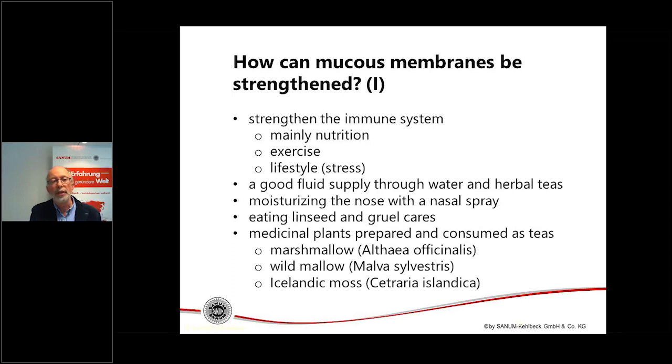First of all, a good fluid supply through water and herbal teas should be considered. Moisturizing the nose with a nasal spray containing water and salt is another local measure. Eating linseed and flea seed care for the mucous membranes by covering them with a slimy layer.